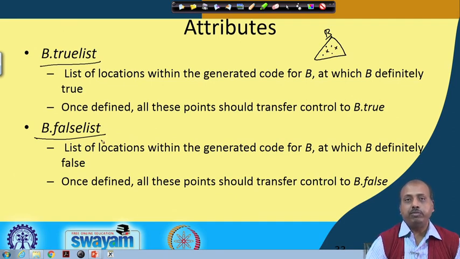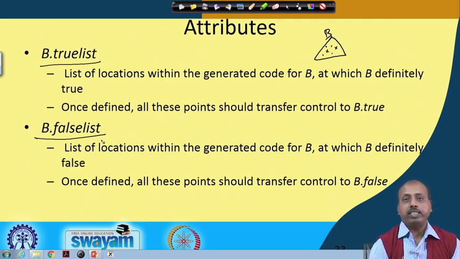For example, in an if-then-else statement, the then part and else part statements will come after some time of parsing. At that point these jump targets will be known. For the non-terminal b, we have noted down the true list, all the points at which b is true. So, those values have been kept.